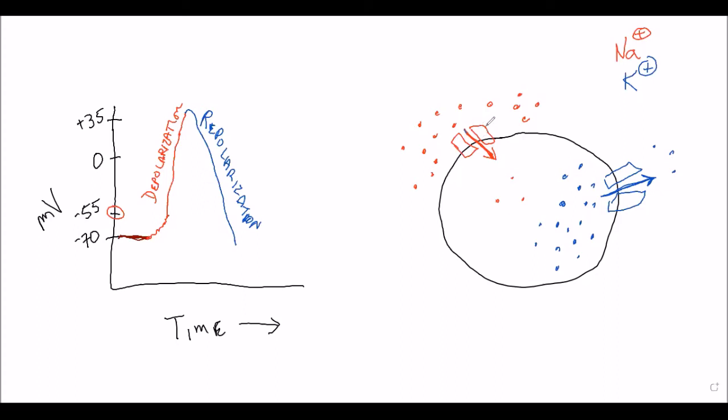At the same time that the sodium channels close very fast, the potassium channels are going to open very fast. Now here's the difference. When it gets to about -70, the potassium channels are going to close very slow.